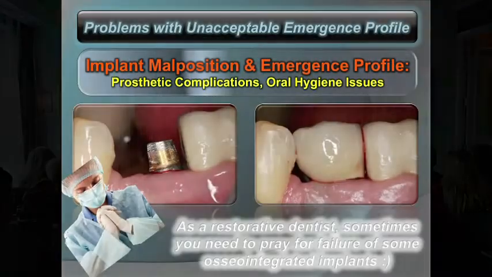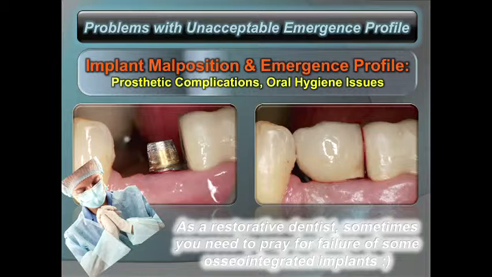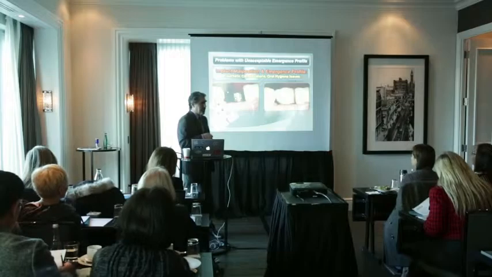Now, related to the emergence profile, the other problem is the misplacement or unacceptable placement of the implant. You have an implant where it's not in the right place, and in this case, you will see that the implant has been placed very close. Of course, the emergence profile here is not going to be acceptable.